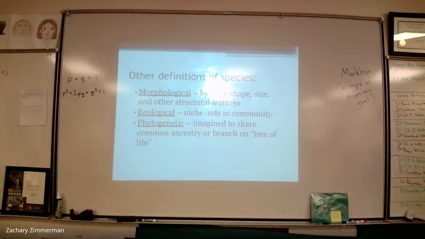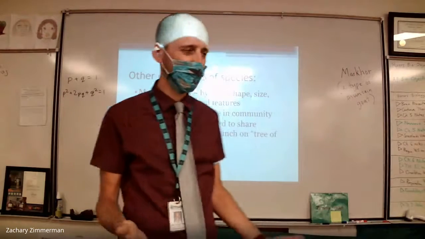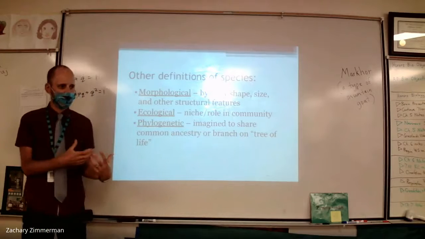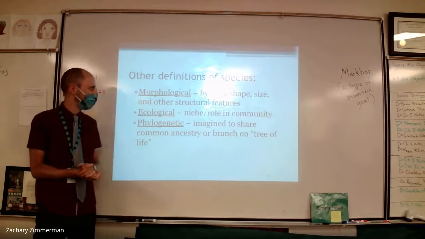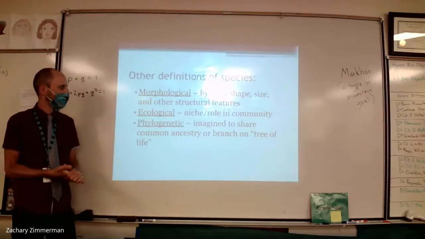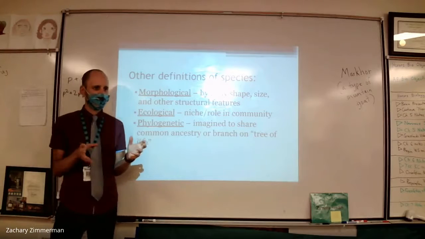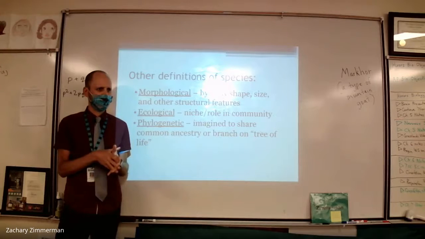So there are other ways to define a species. There's a morphological concept. It's pretty simple, at least in concept. It just says that if two organisms have unique physical structures compared to each other, call them separate species. On the other hand, there are some interesting differences between two species that do not necessarily prevent them from breeding.